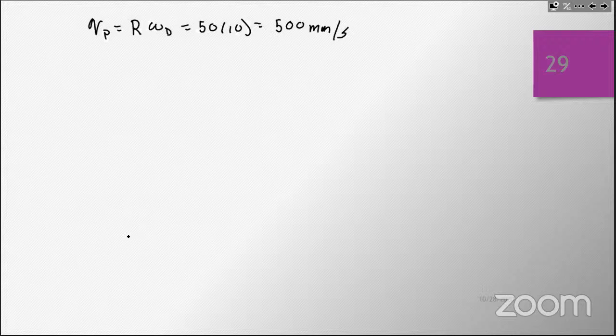And so we're moving with a velocity of 500 millimeters per second, and that is pointed in which direction? Tangential to the path at that point, which is directed downward in the slot.